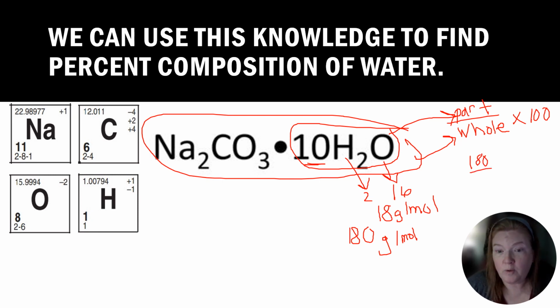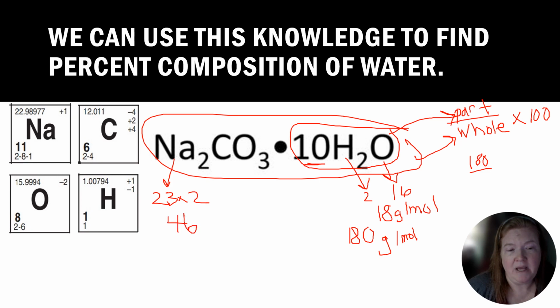Well, now I need to find the rest. So I have sodium, that's 23, but times 2, right? That's 46. Carbon is 12, and oxygen is 16 times 3, which is 48. All right, now I need to add these up. So 48 and 12, that's 60, plus 46 is 106 grams per mole for all of this.